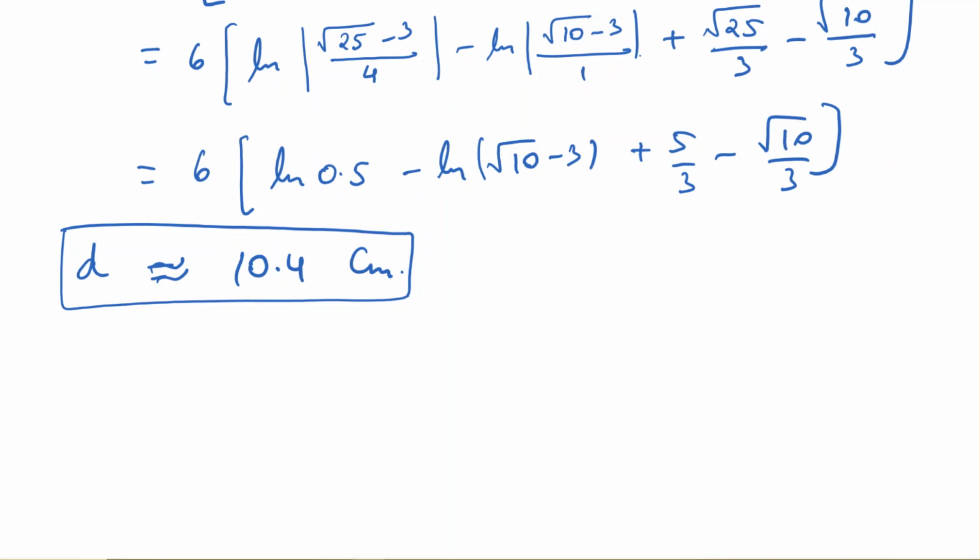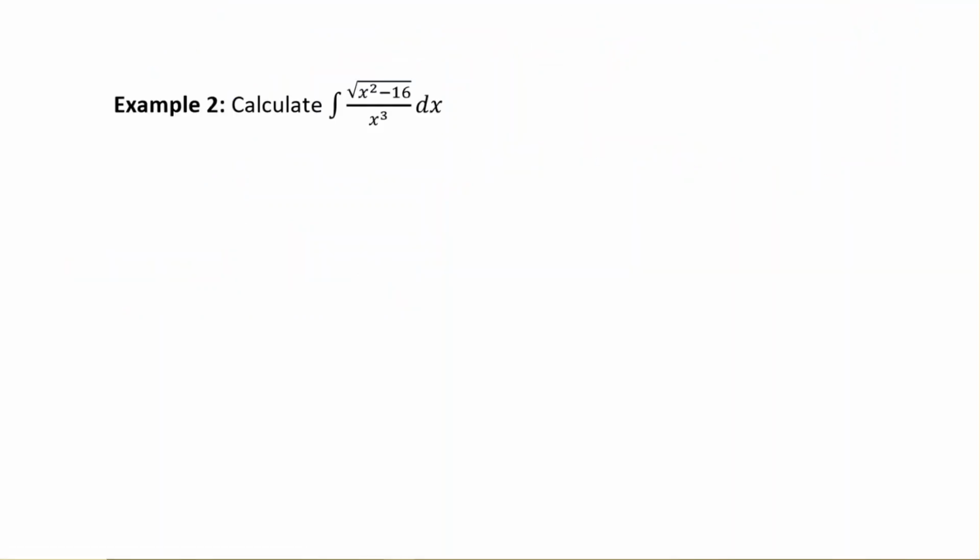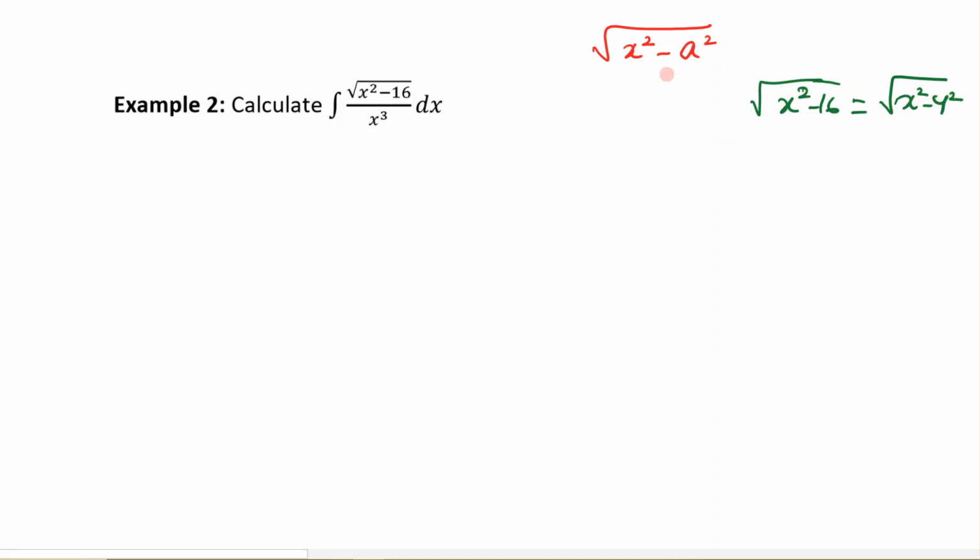Let's try a couple more examples in which we use the other trigonometric substitutions. In this one, we can see that we have something of the form x squared minus a squared, because square root of x squared minus 16 is of the form x squared minus 4 squared. So a is 4 in this case.